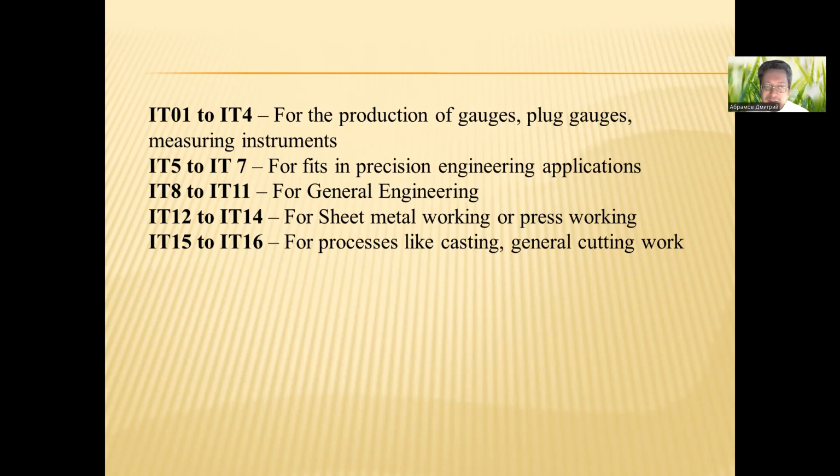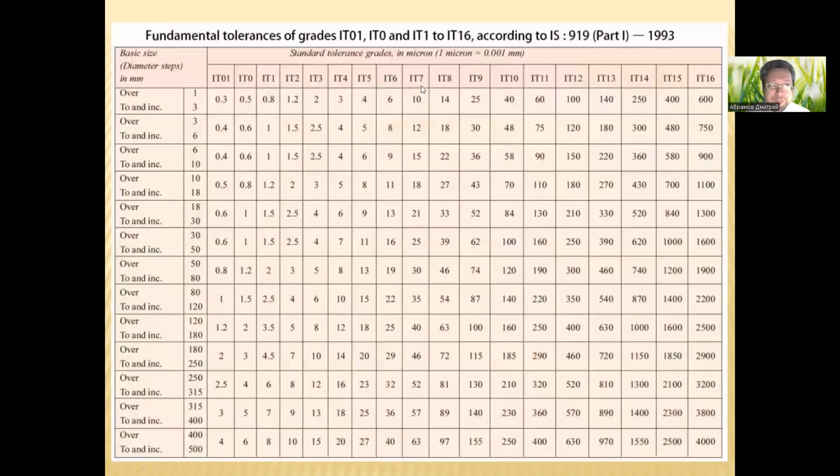IT grade 15 to IT grade 16 are for processes like casting and general cutting work. There is a table of fundamental tolerances for grades IT 01 to IT 16.